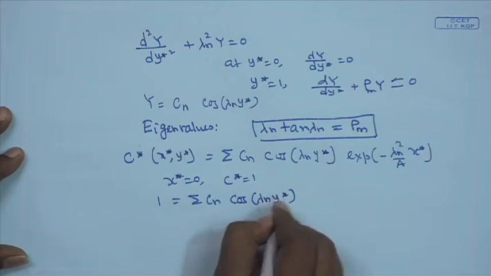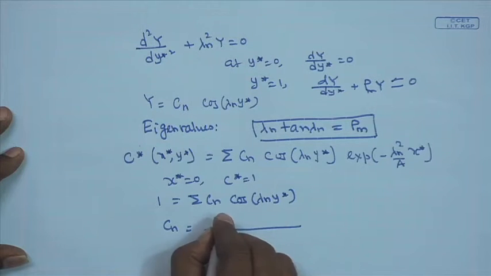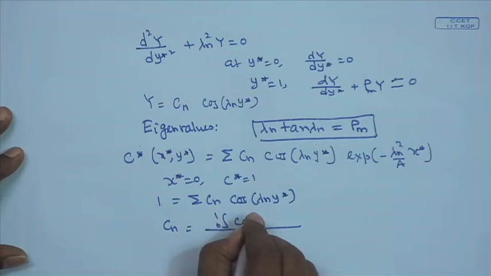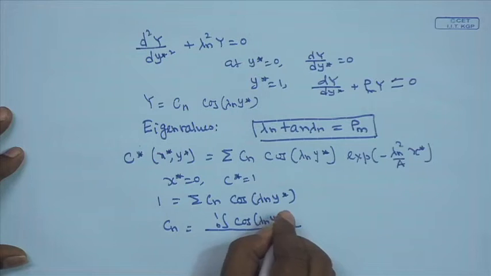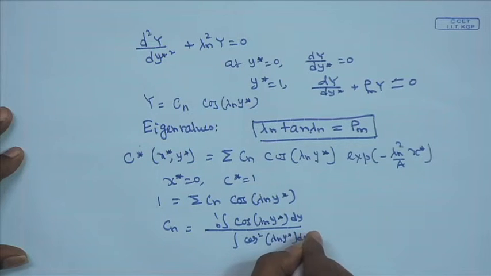So, if we really do that, C n will become integral from 0 to 1 of cos lambda n y star dy star divided by integral of cos square lambda n y star dy star.